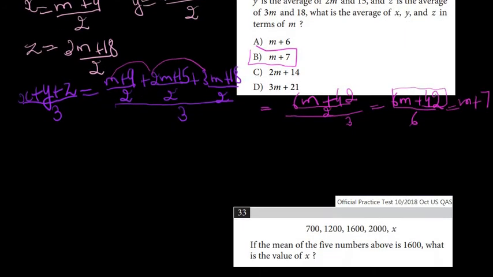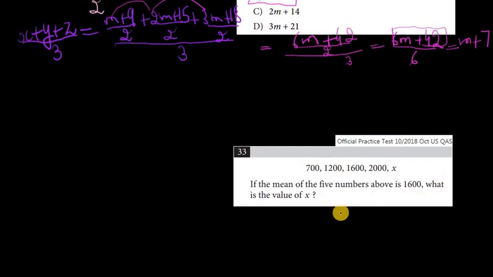For the second one, let me scroll down. So they say that if the mean of the five numbers above is 1600, what is the value of x? So we have five numbers here. Let's use the same idea to find the mean of these five numbers.